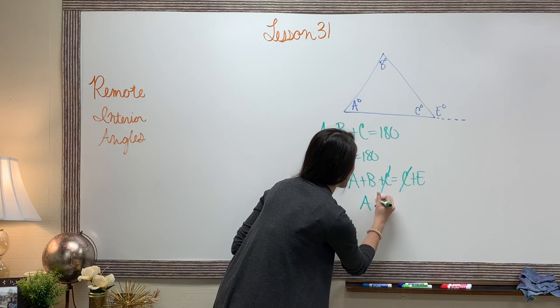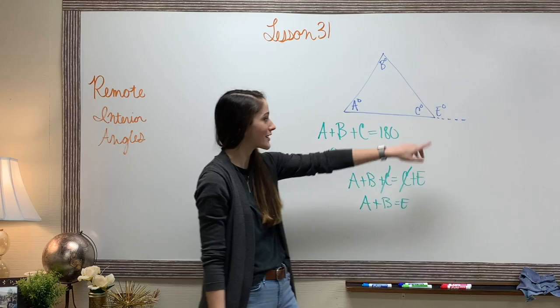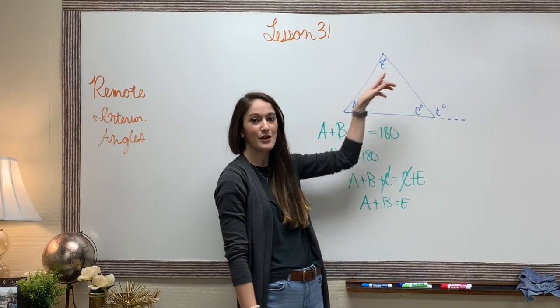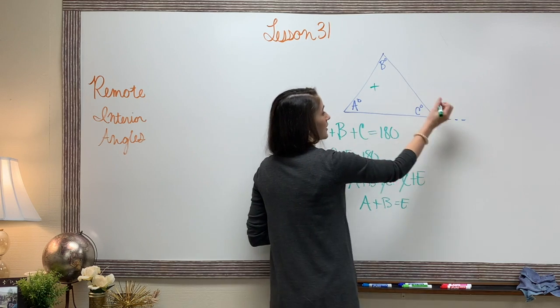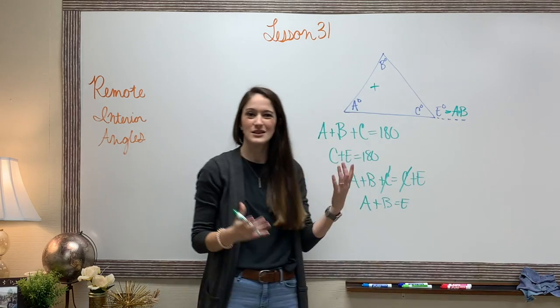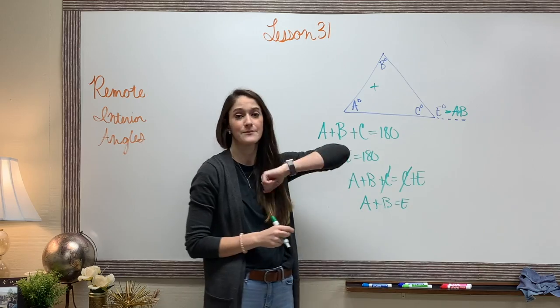So we see that A plus B equals E. So a shortcut to finding our exterior angles is if they ever do give us angles A and B, we can just add them together and we'll automatically know that it will equal that. So it does save us a little bit of time if we do already know this, but they may not always give us angle C.